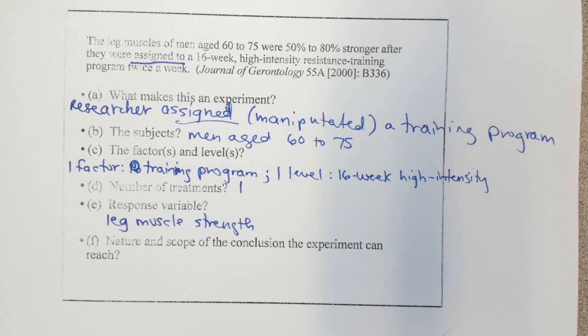Nature and scope. So what kind of conclusion can we draw at the end of the experiment? Just an association, or you can do a causal relationship.